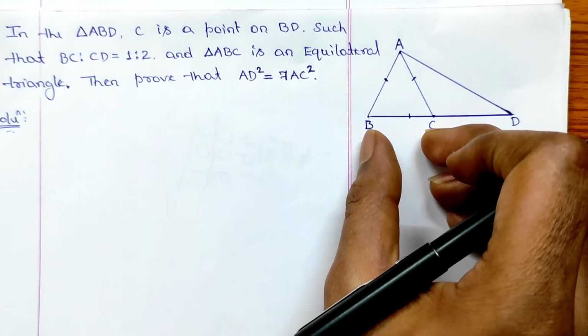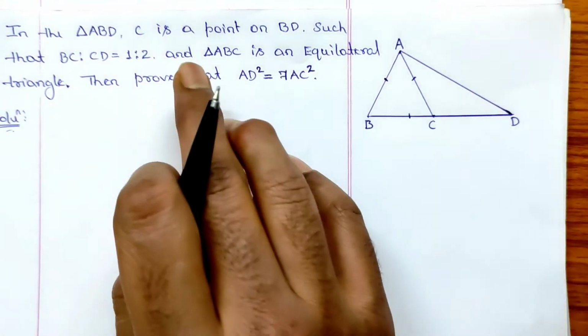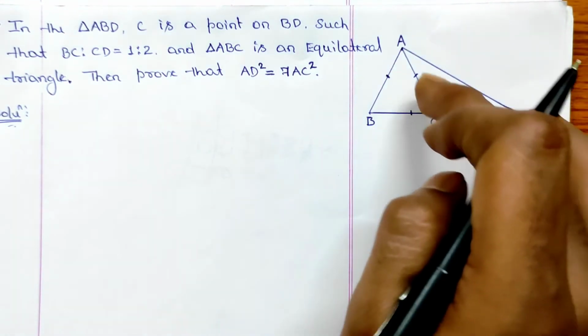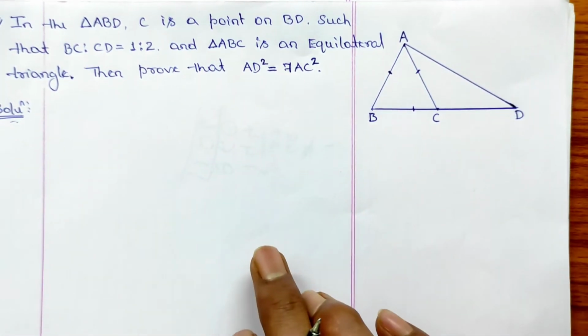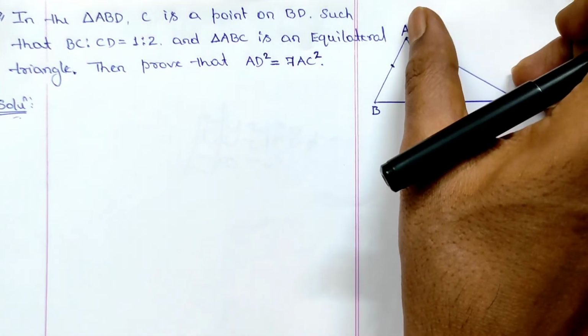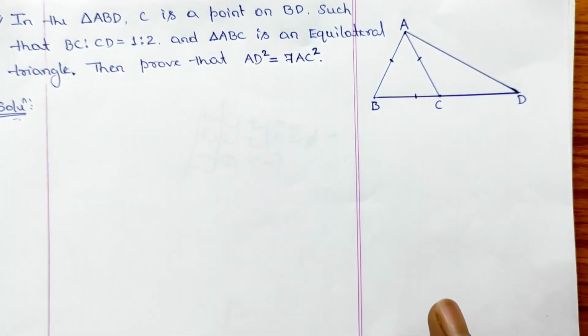Suppose BC length is 1 unit, then CD is 2. And ABC is an equilateral triangle. By using this, prove that AD square is equal to 7AC square.